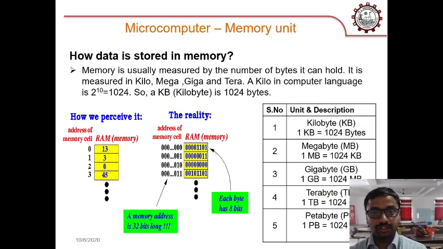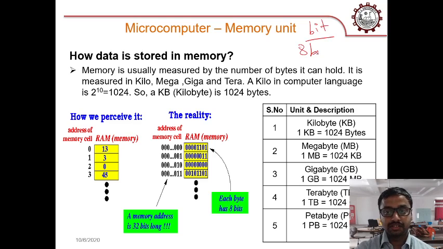So this is how you can see how the data is stored. The minimum size of data is a bit. 8 bits will form a byte, and 1 kilobyte is 1024 bytes, 1 megabyte is 1024 kilobytes, and maybe today we are storing the data in terabytes in our computers.